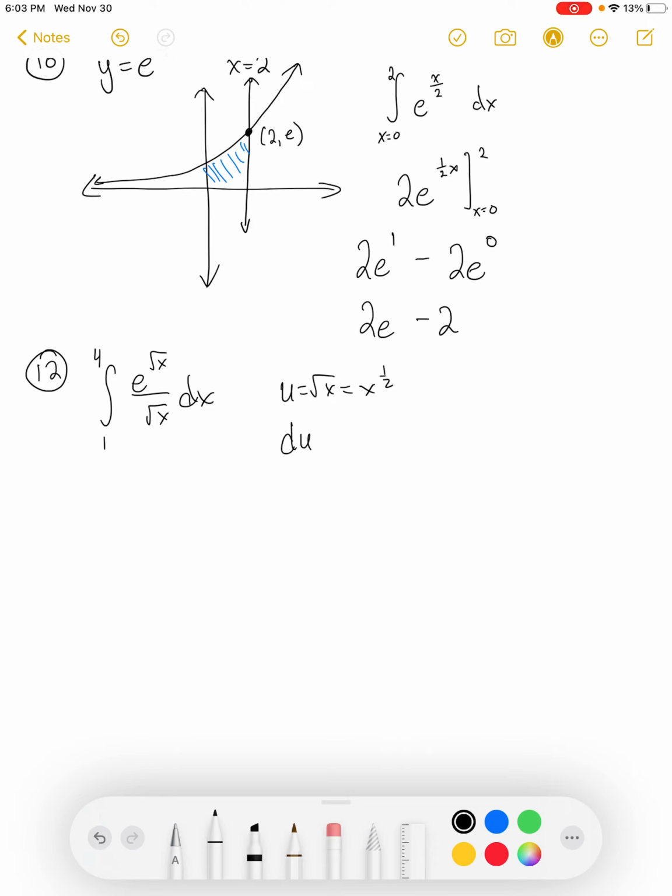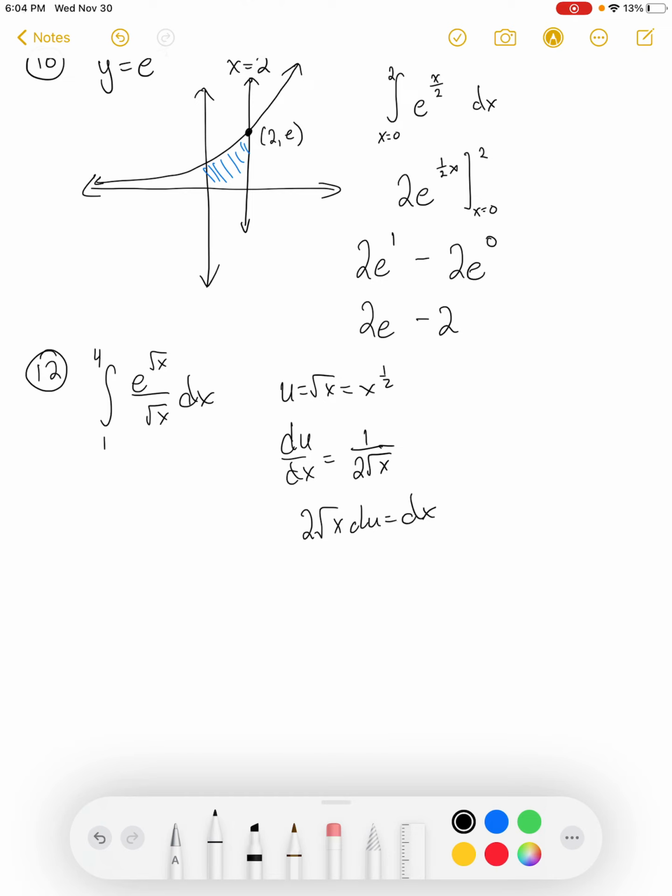Well, that means that du dx is 1 over 2 root x, 2 root x on the bottom. And it's asking us to plug this in, and this is one where it is forcing us to change our limits. So all of you people who wanted to stay in X land forever, too bad. Here we actually have to change our limits. So we're going to get something like 2 root x du equals dx, okay?